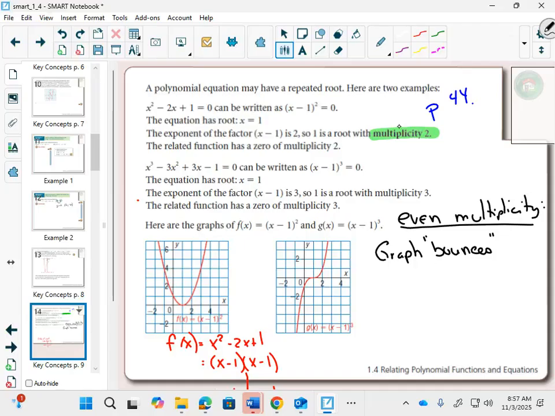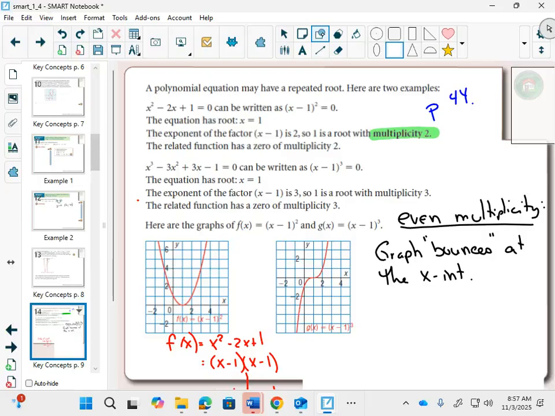The graph bounces at the x-intercept. So if we have an even multiplicity, like this one happens twice, if a factor happens 4 times, if a factor happens 6 times, we would say this is our 0, and it has a multiplicity of 2. Then when we get to that 0, the graph bounces off of it.